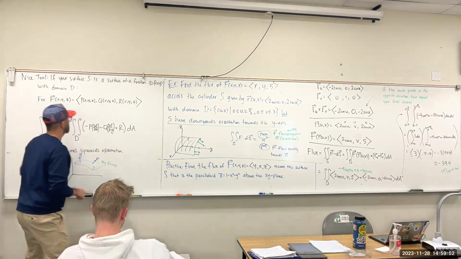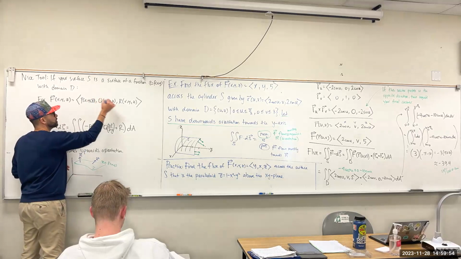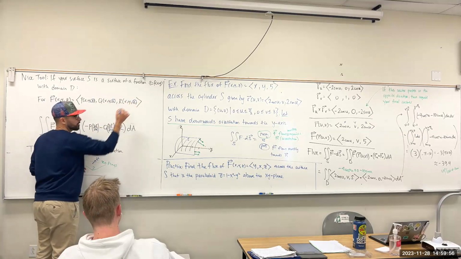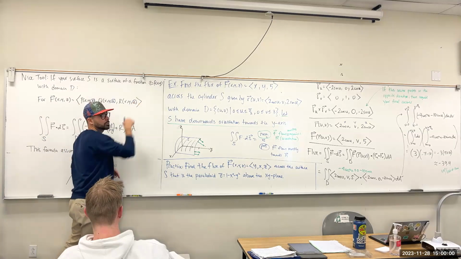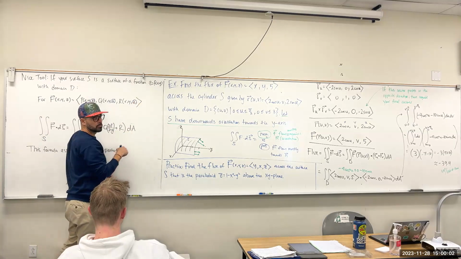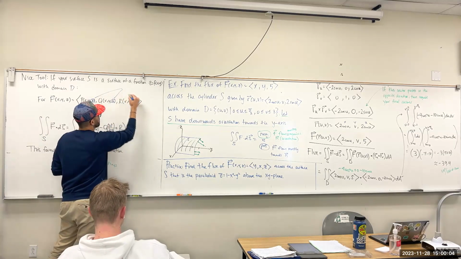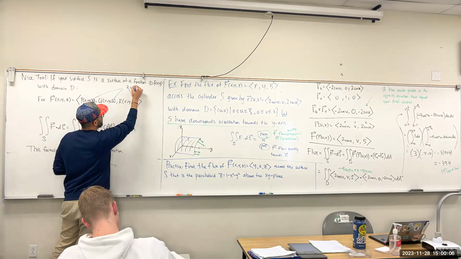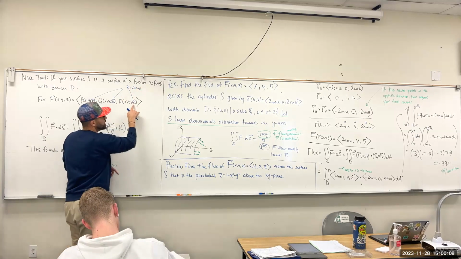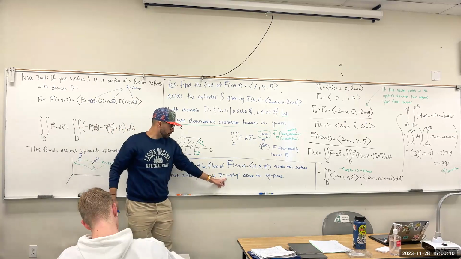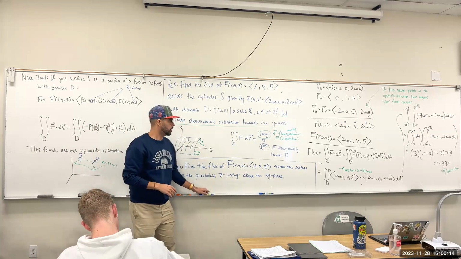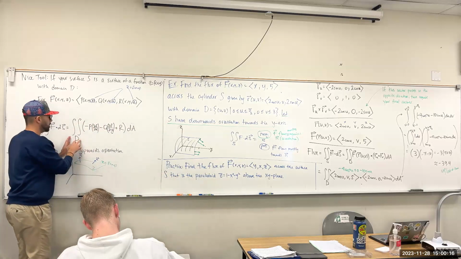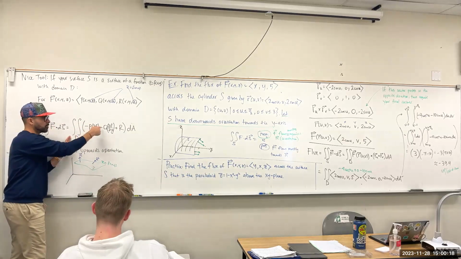Let me point something out, guys. You see this z right here? That z can be replaced by whatever the function is. So that means that my z here can be replaced by all this here. Your integral, you want it to be only of two variables. You don't want x's, y's, and z's here.